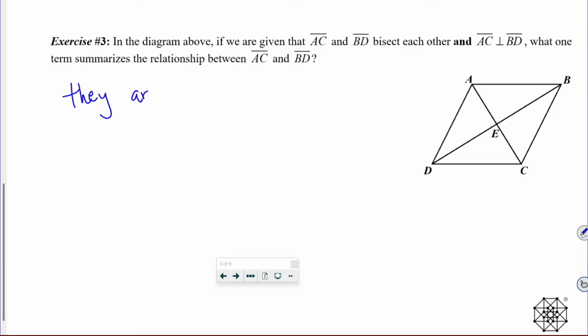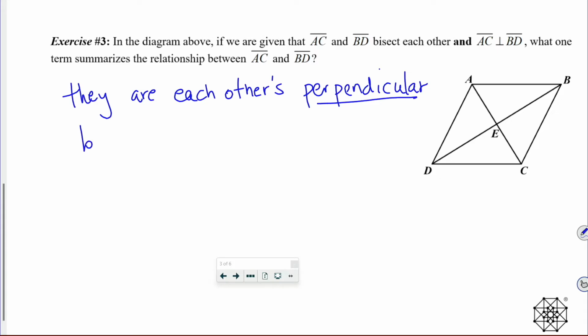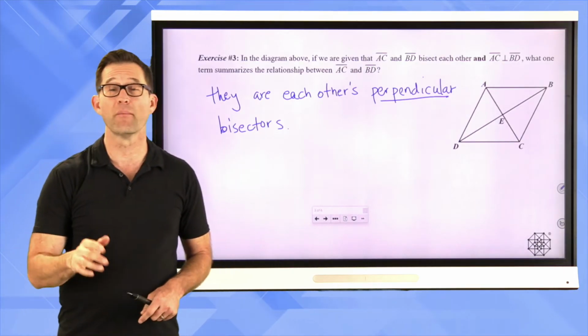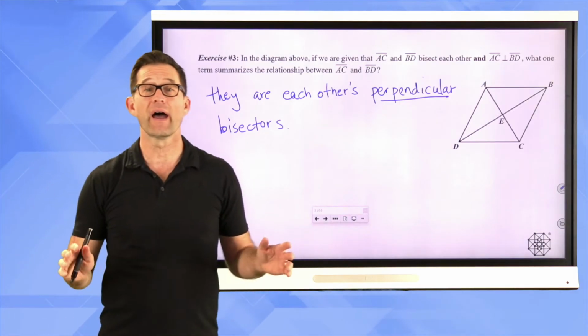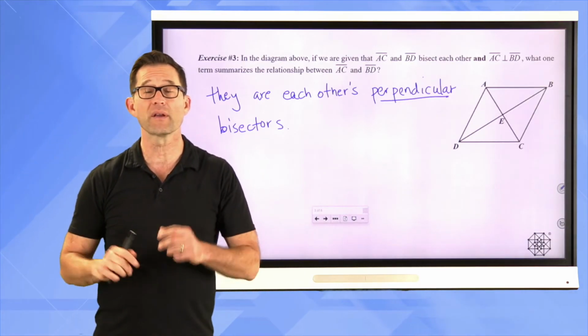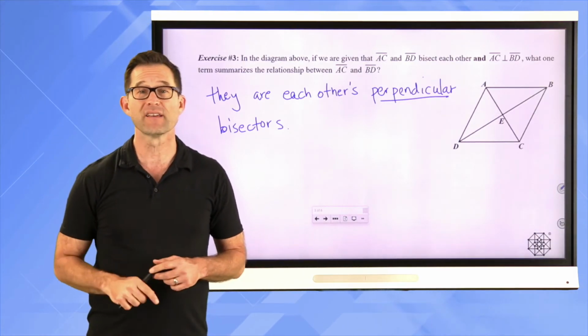They are each other's perpendicular bisectors. By the way, we're going to eventually see that the particular shape that we're working with here is what's known as a rhombus. And in a rhombus, the two diagonals, in fact, are both perpendicular to each other and bisect each other.